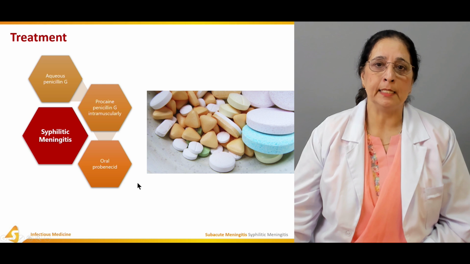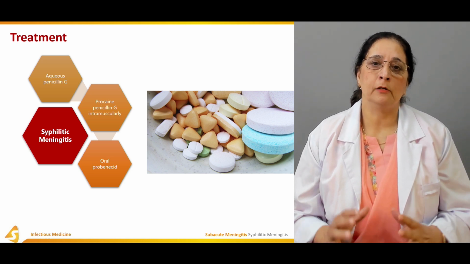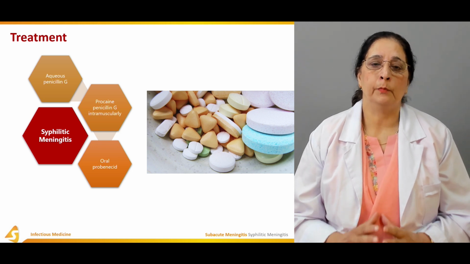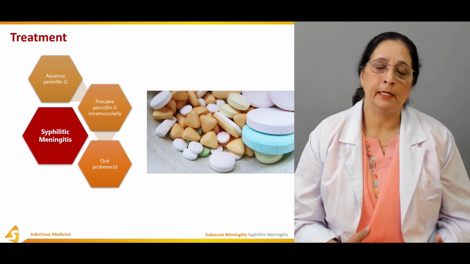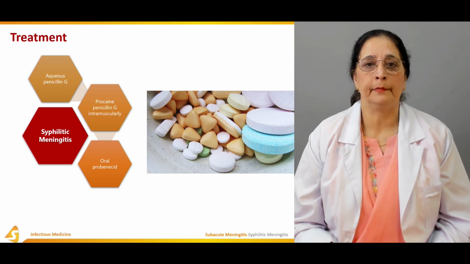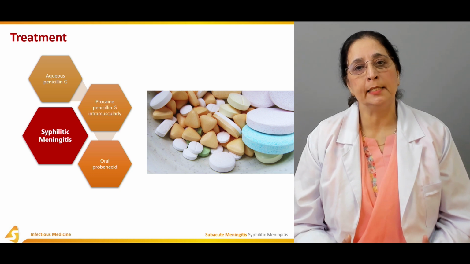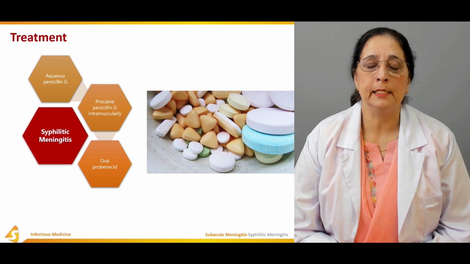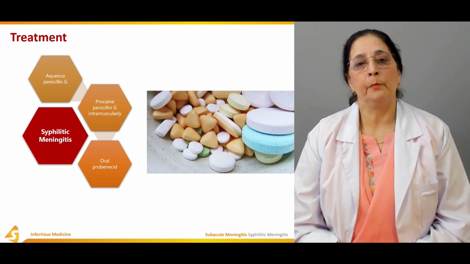So syphilis basically is a systemic disorder. It can cause involvement of different parts and different systems of the body, and it can occur in different phases. We have primary syphilis, secondary syphilis, tertiary syphilis, and then congenital syphilis, in which the baby is born with syphilis, and that is associated with many different abnormalities.